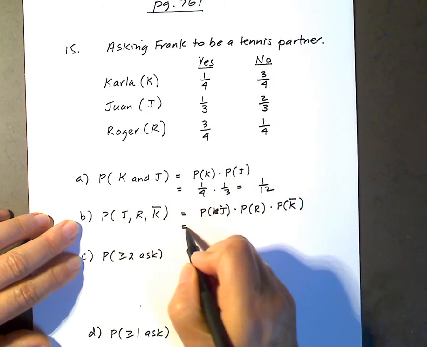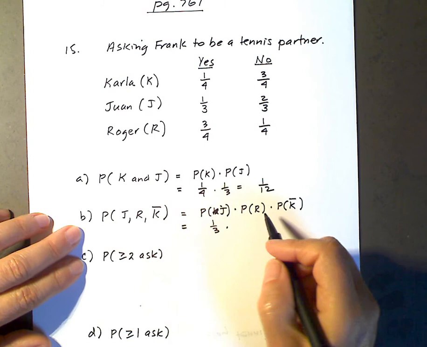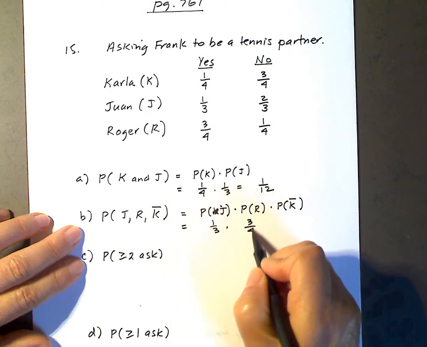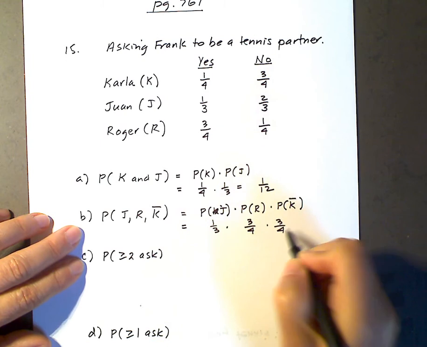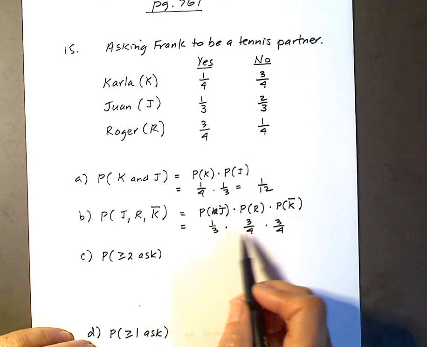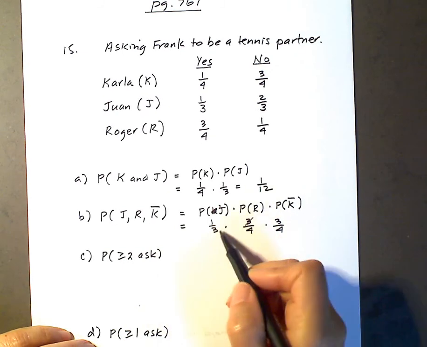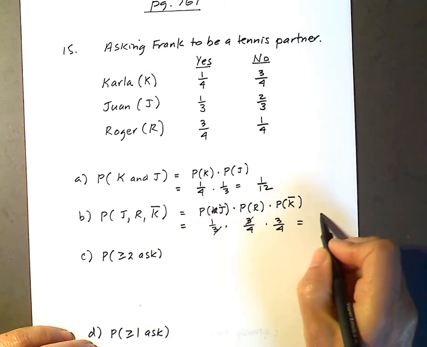So this would be 1/3 times 3/4 for Roger asking, and then Carla not asking is also 3/4. So that is 9 out of, well, maybe these 3's cancel, so 3 out of 16. 3/16.